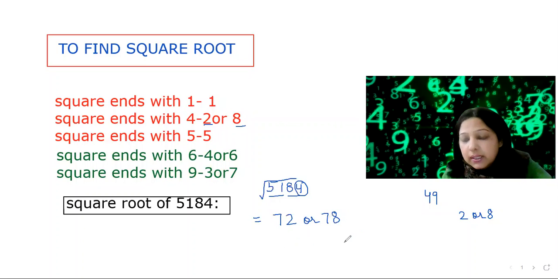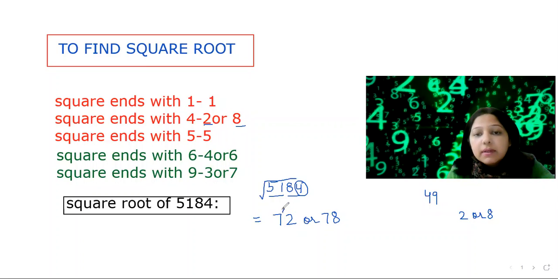Now which one is the correct number? To find this, we have to take this 7 and multiply it with the next number. Now 7 into 8 is 56, and 56 is greater than 51. If it is greater than 51, then we will pick up the first number, so the first number is 2.